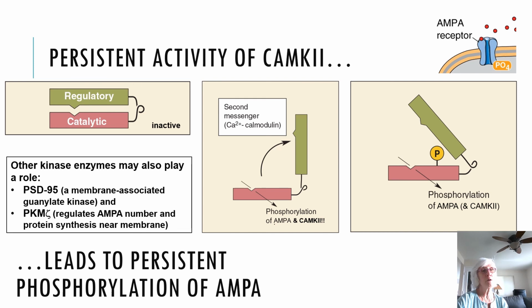And then there's also protein kinase M zeta that regulates AMPA number, and it also regulates protein synthesis near the membrane. So these other two kinases, persistently active, are contributing to the permanence of memory.